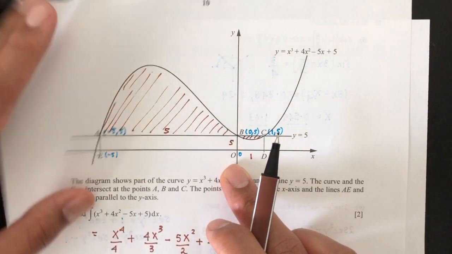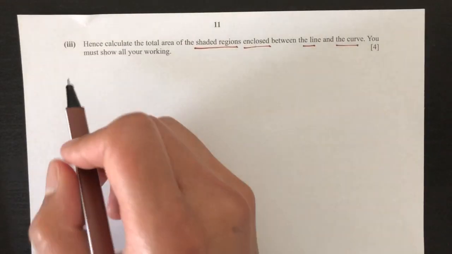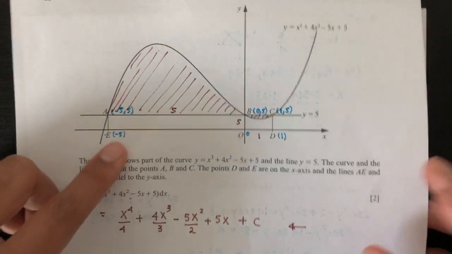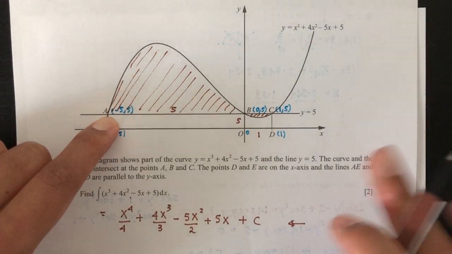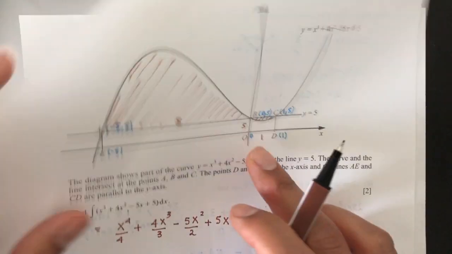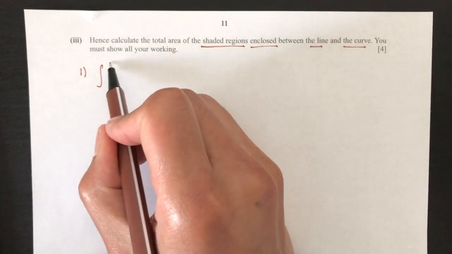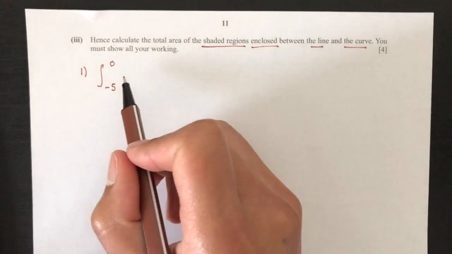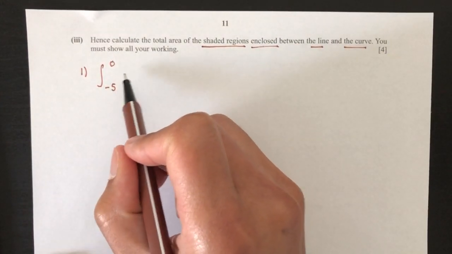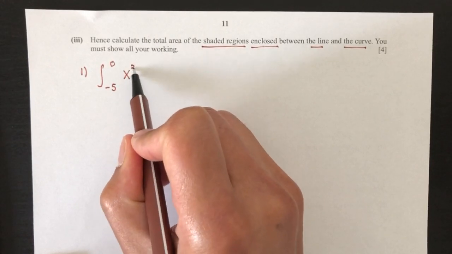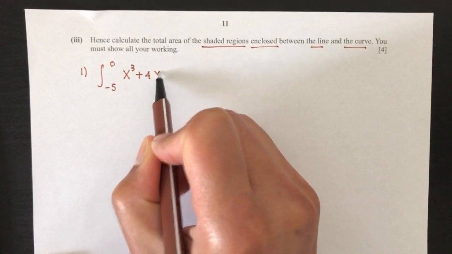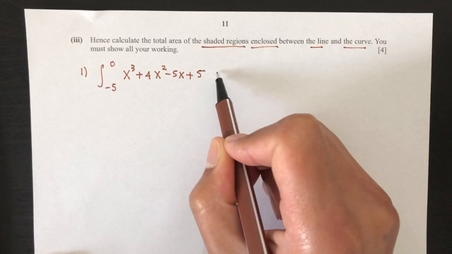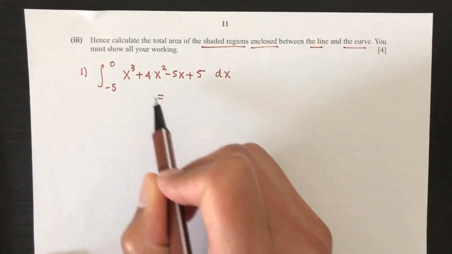So area number 1 is the integration from the point 0 to minus 5, and y has been given to you by x to the power 3 plus 4x squared minus 5x plus 5, dx.